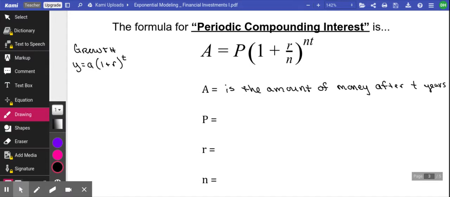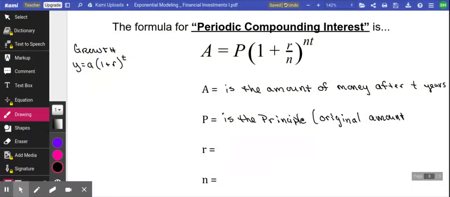Now this capital letter P is what we'll say is the principal, AKA the original amount of money. And the leading coefficient has always represented the initial amount or the original amount. So I hope that's nothing drastically new for us.